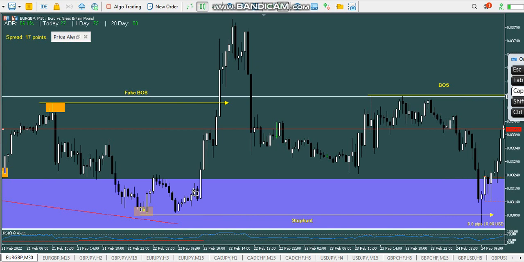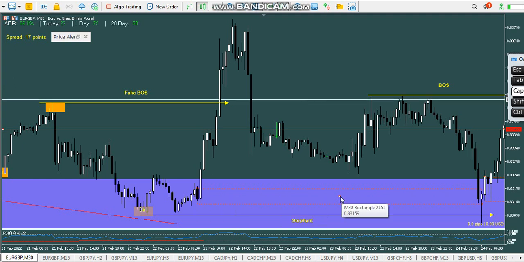Let me mark it out for you guys. This area here, this was my point of interest, my new point of interest, an area where I expected price to come and react from. I was marking this OB here and I expected it to hold.